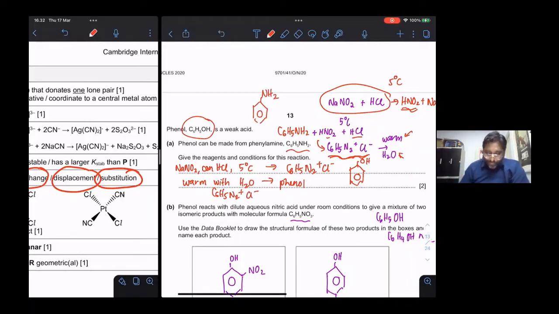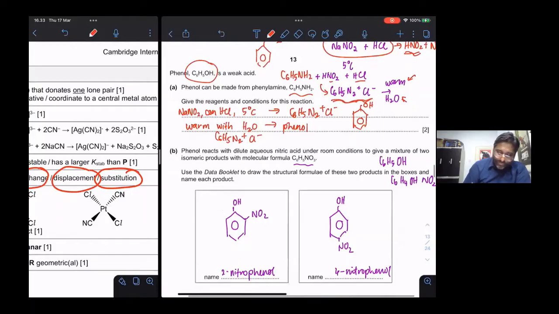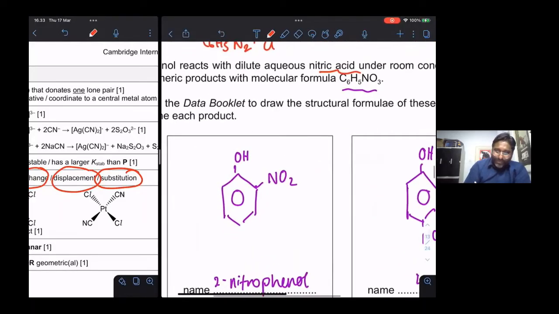Now phenol reacts with dilute aqueous nitric acid under room conditions. Do remember phenol, the OH group, is going to be quite interesting, because OH is an electron donating group. When they donate the electron, they make the electron density of the benzene ring become higher.